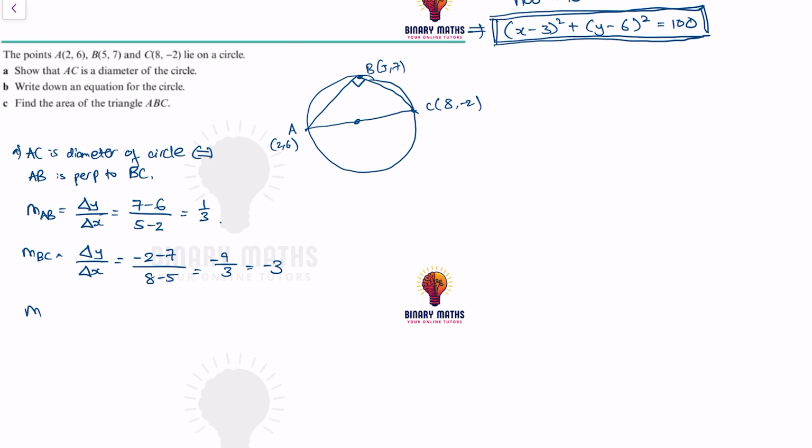Now, gradient of AB times gradient of BC is equal to a third times minus 3, which is equal to minus 1. Therefore, AB is perpendicular to BC, which implies AC is the diameter by the circle theorems.